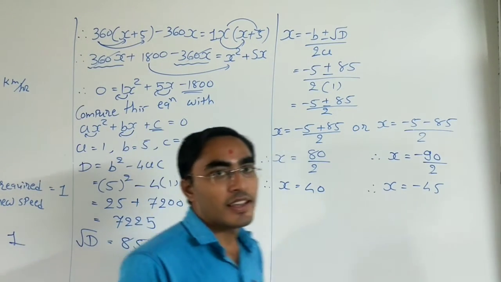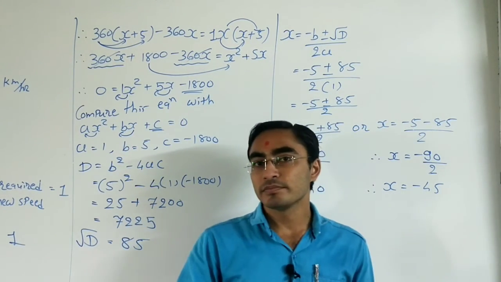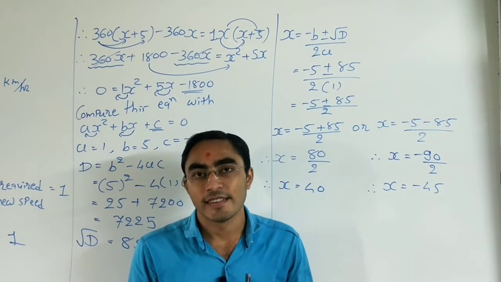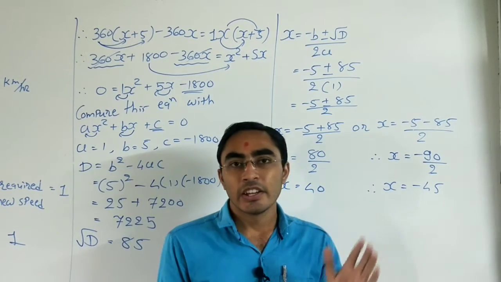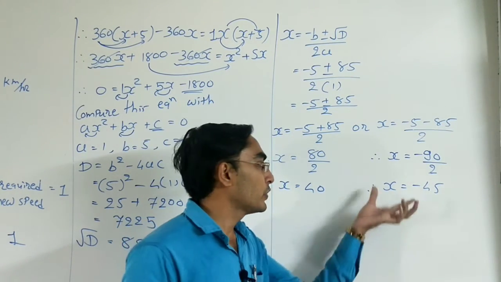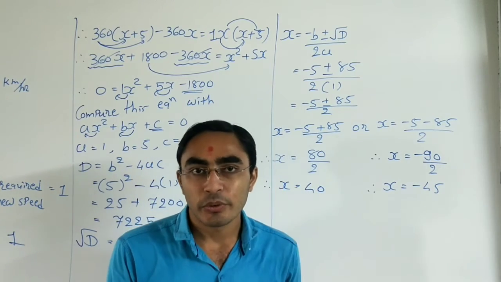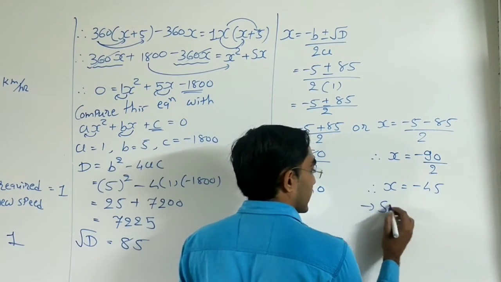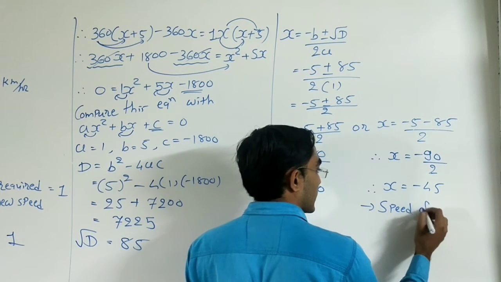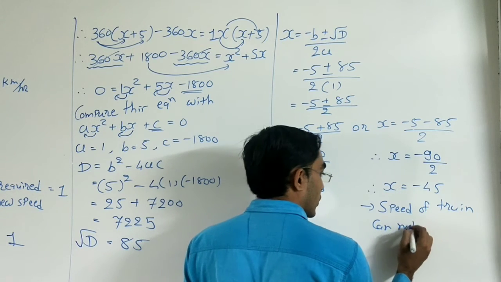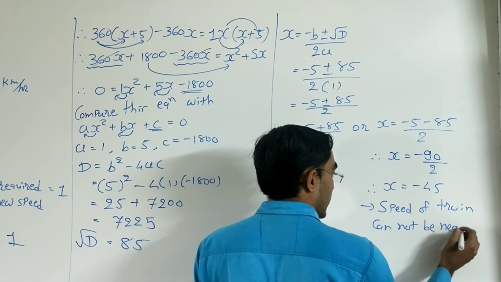But initially what we assumed, x is the speed of train, right? x is the speed of train, so it cannot be a negative number, right? So this answer is not possible. Okay, so that we need to write here. Speed of train cannot be negative.